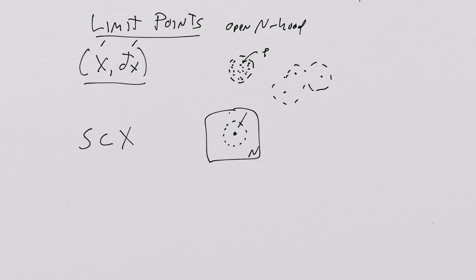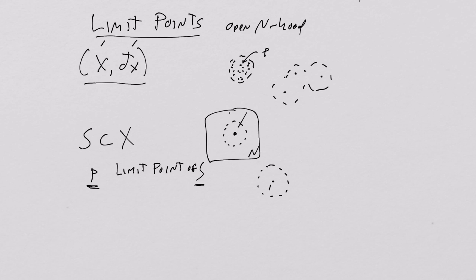And the point P is called a limit point of the subset S if every neighborhood of P, every open neighborhood of P, also contains a point of S, right? So if this is the point P and this is an open neighborhood of P, which I'm not drawing, I guess I should stick to these dotted lines around open neighborhoods, since I started doing it.